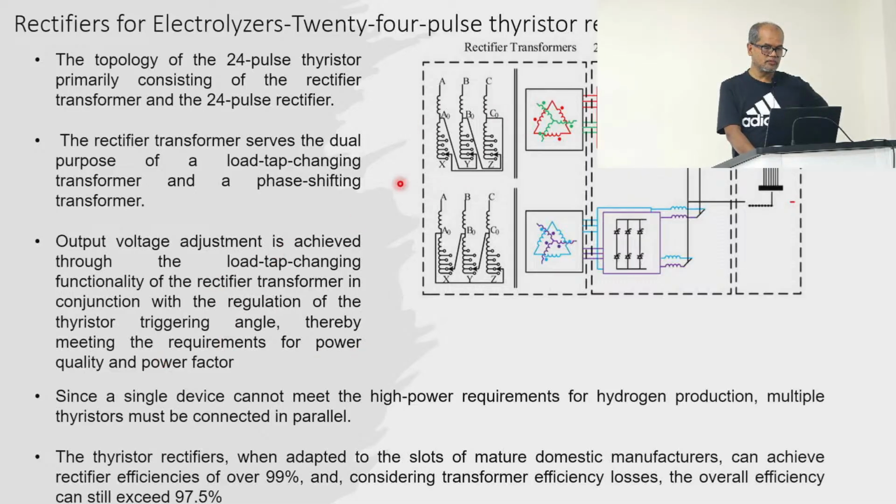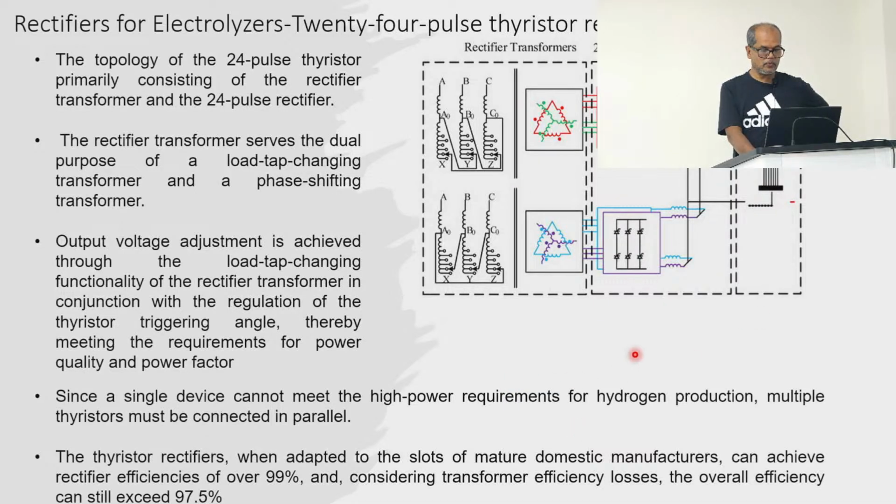So this one serves both purposes, not only producing the phase shift, but also having an on-load tap changing option as well. Because sometimes a single device cannot meet the requirement, multiple thyristors might be connected in parallel.